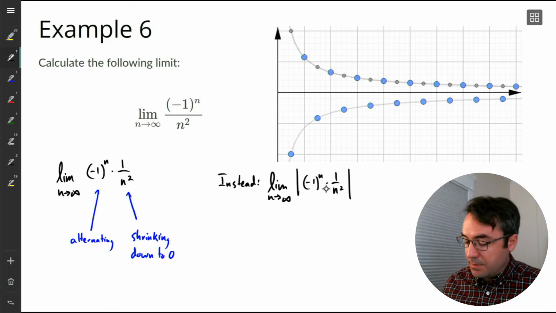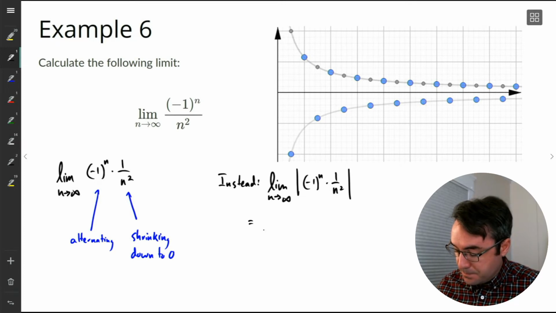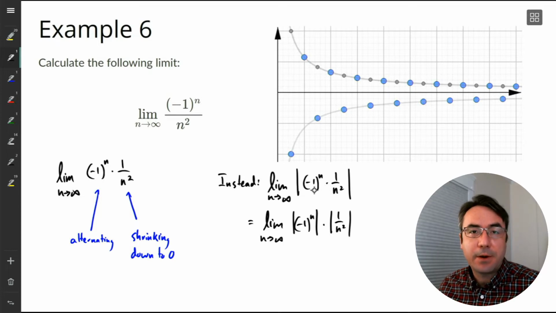Now when we have multiplication inside the absolute value, we can split up our absolute value over that multiplication.